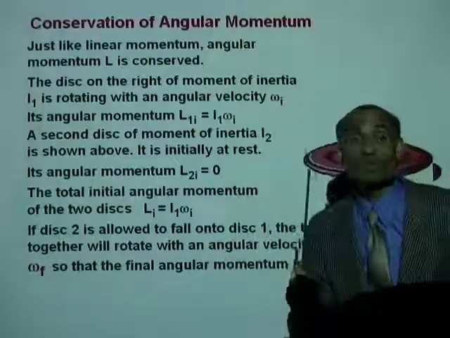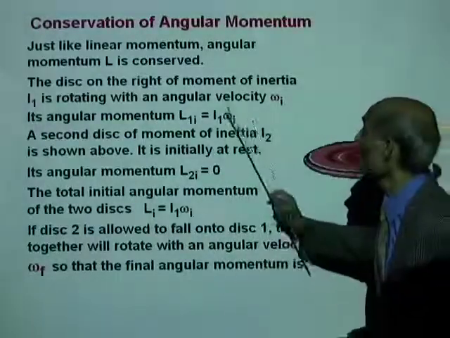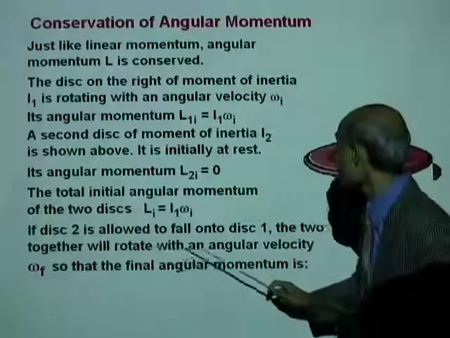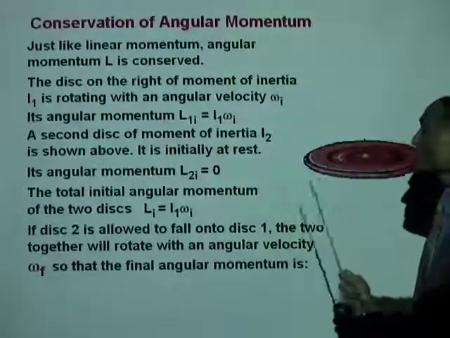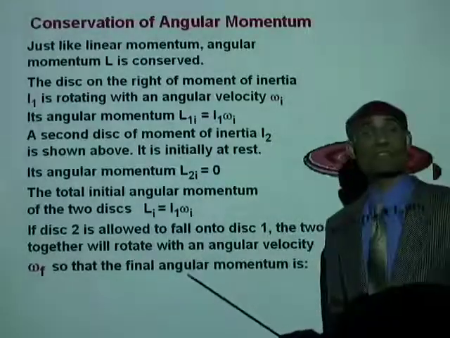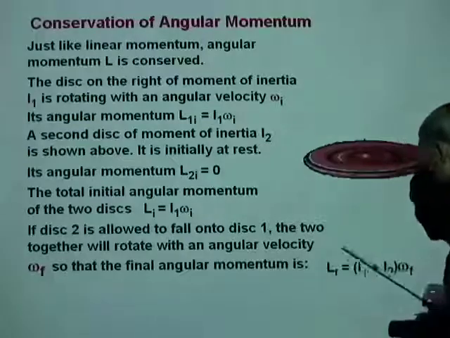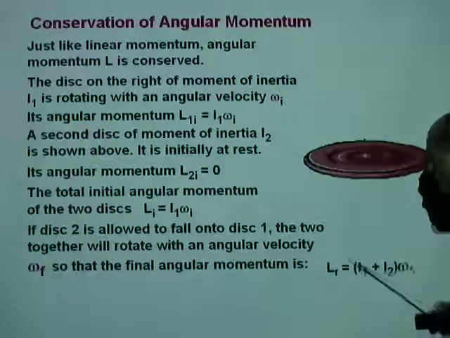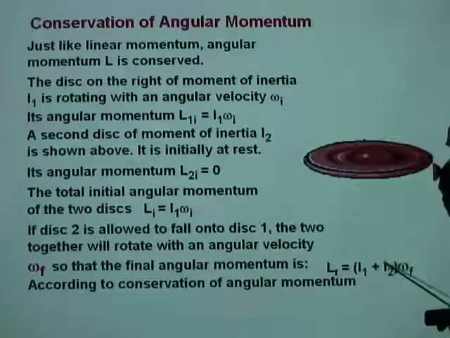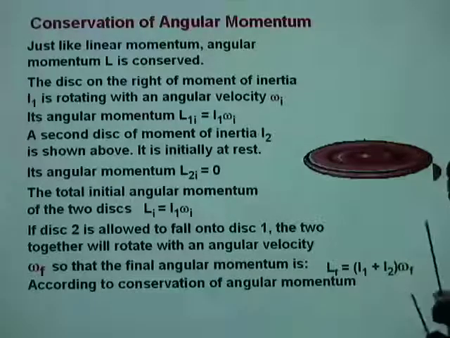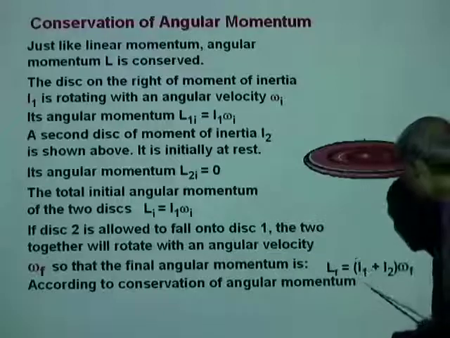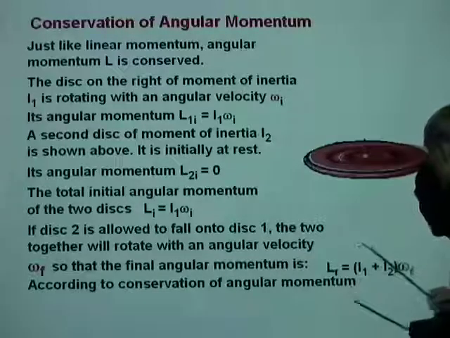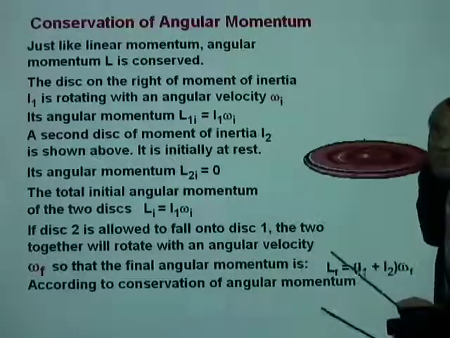That means the total moment of inertia now is I1 plus I2. I2 is the moment of inertia of the second disk. So the final angular momentum is therefore I1 plus I2 omega f.